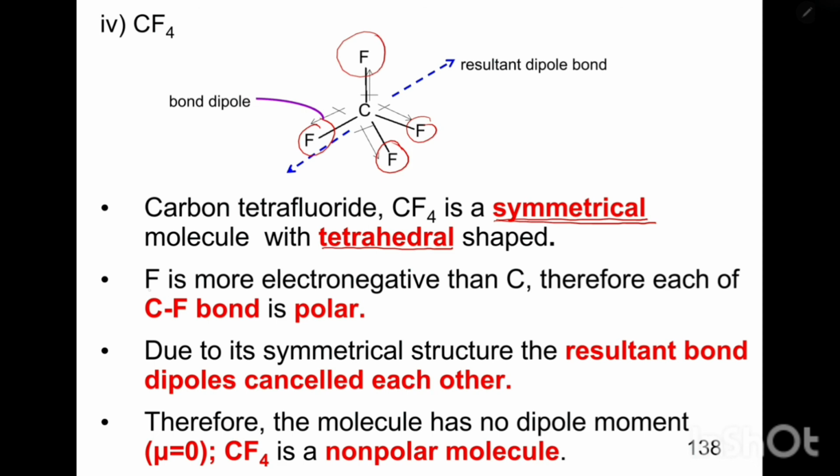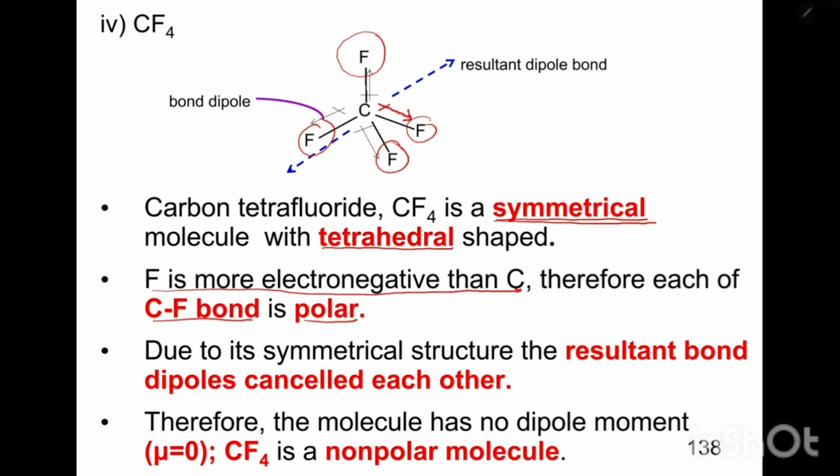Since fluorine is more electronegative than carbon, each C-F bond is polar. Polar means the distribution of electron is more on the more electronegative atom. Here fluorine is more electronegative, that's why we draw the bond dipole here.